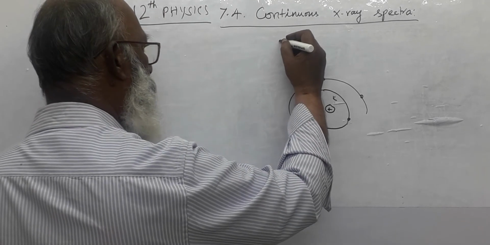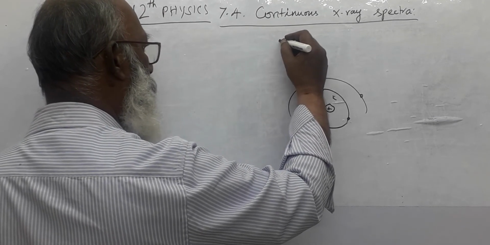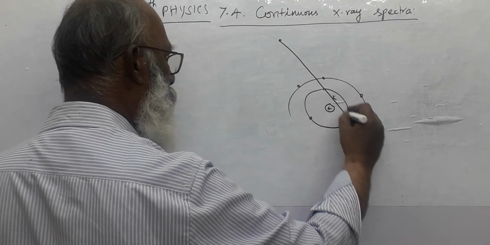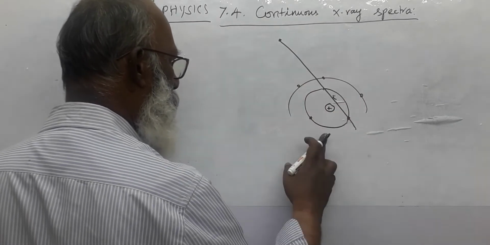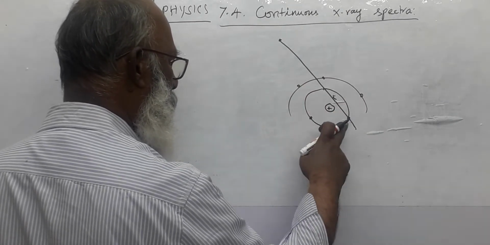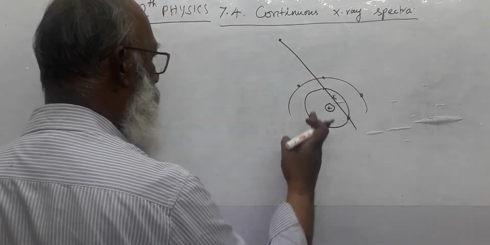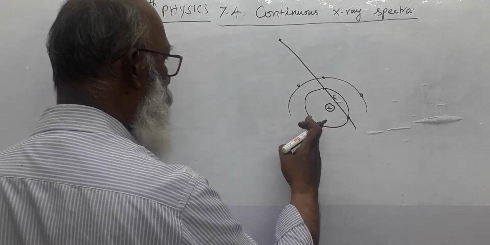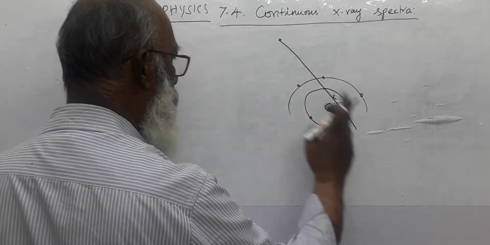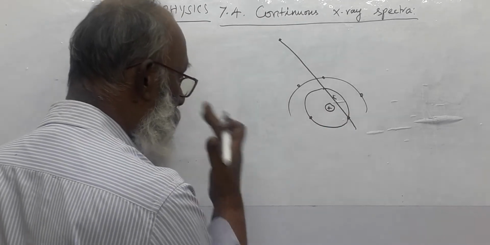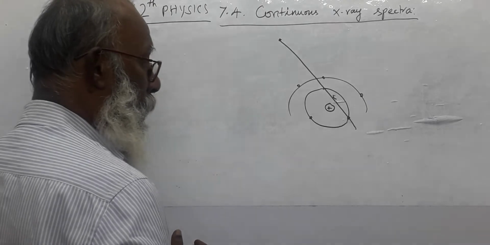When this electron moves towards the atom, an interaction will happen between the nucleus as well as the electron ray.